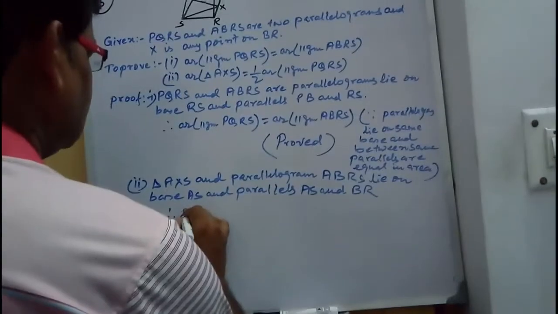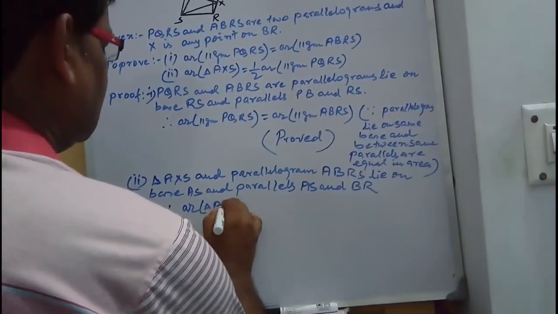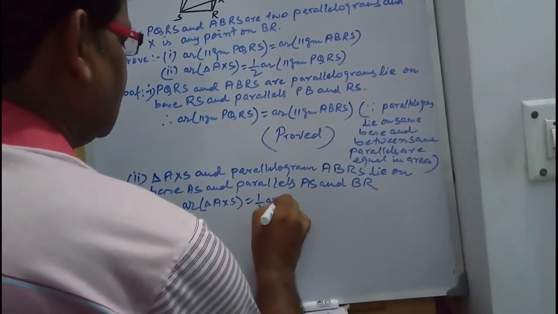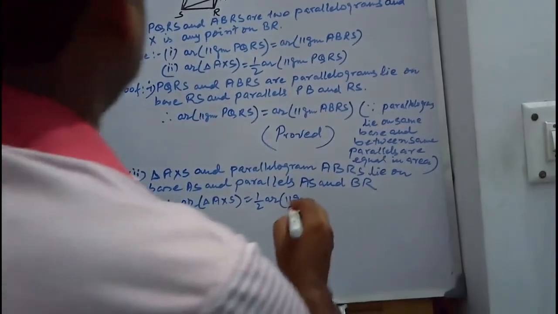Therefore, area of triangle AXS is half area of parallelogram ABRS.